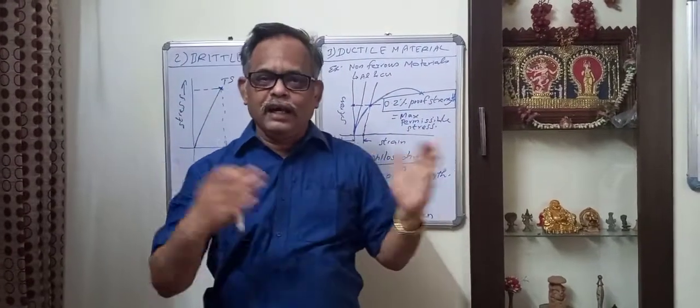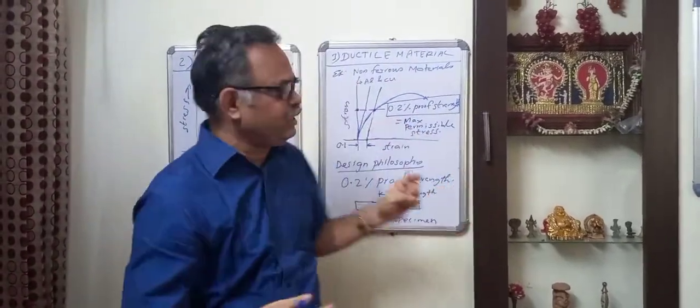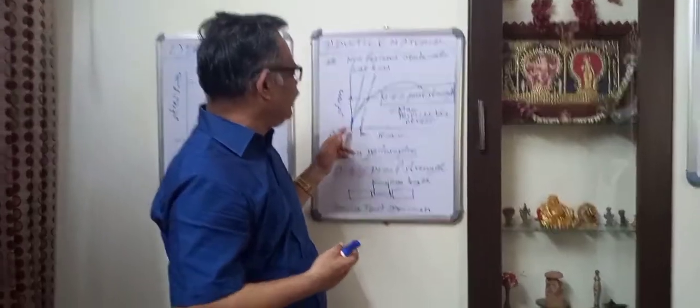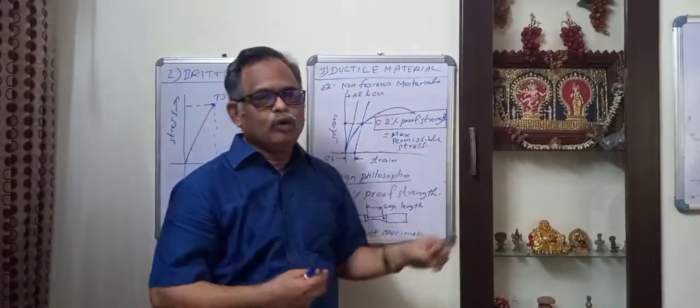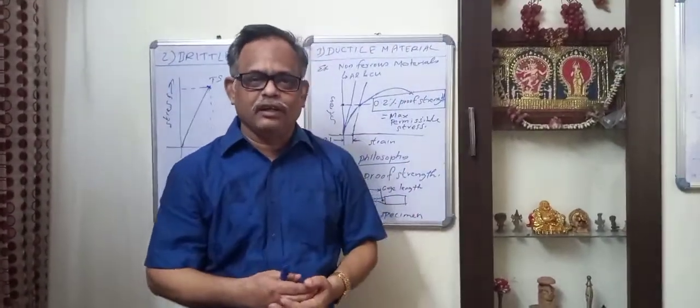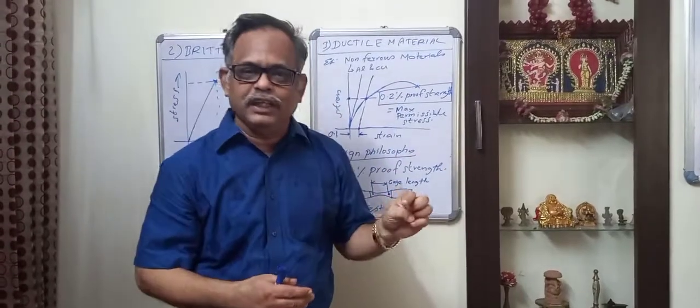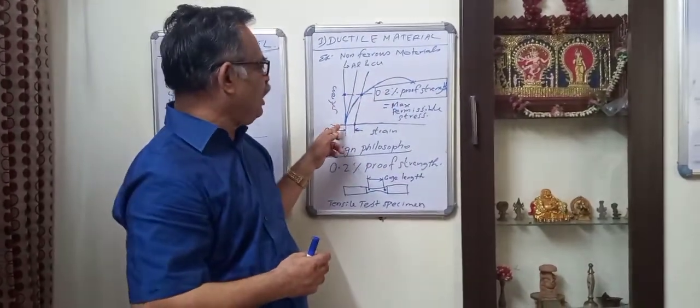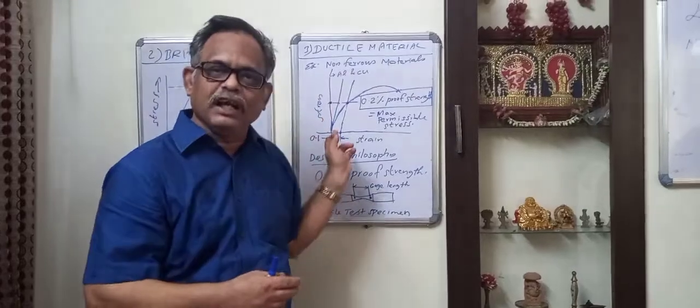At higher temperatures like 400 degrees, 500 degrees or 350 degrees, even if it is alloy steel, it doesn't behave like mild steel, and it depicts a character something like this.